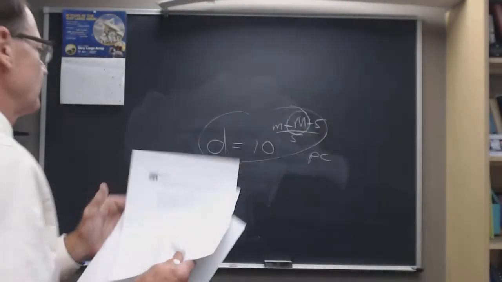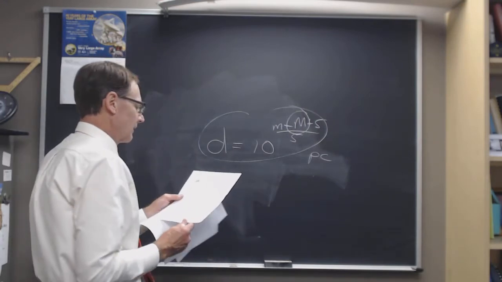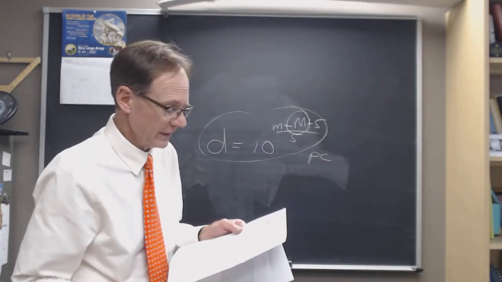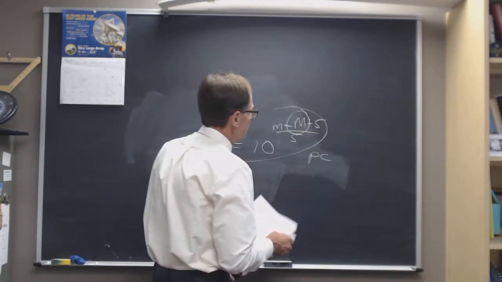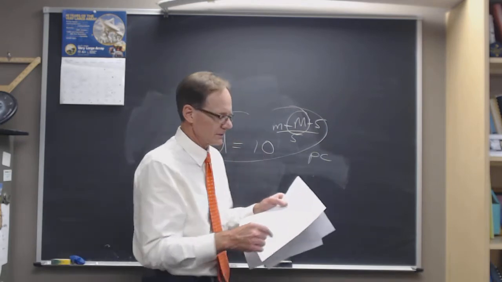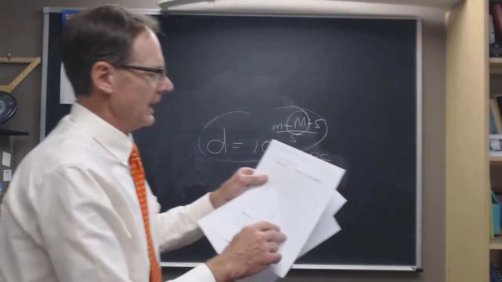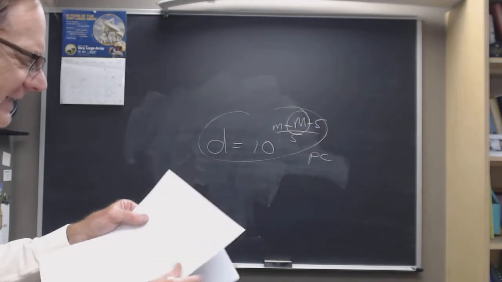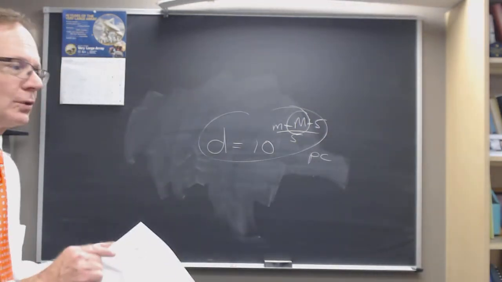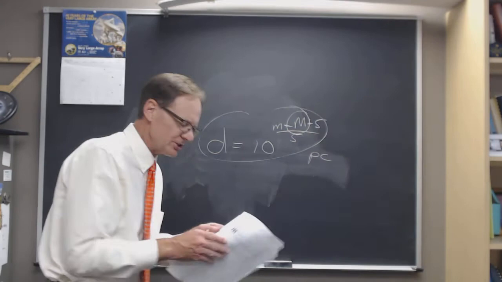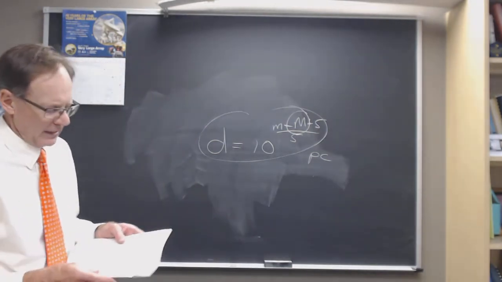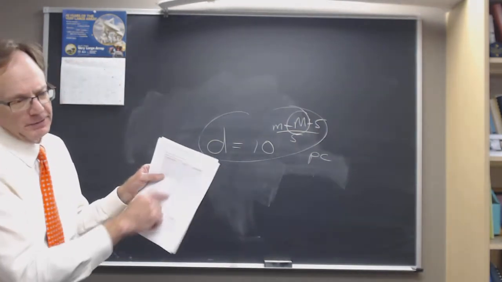We can calculate the absolute magnitudes of these variable stars in the Large Magellanic Cloud because we know the distance to the Large Magellanic Cloud. And so that's great. We can calculate the absolute magnitudes, and we can develop a relationship that relates absolute magnitude to period.